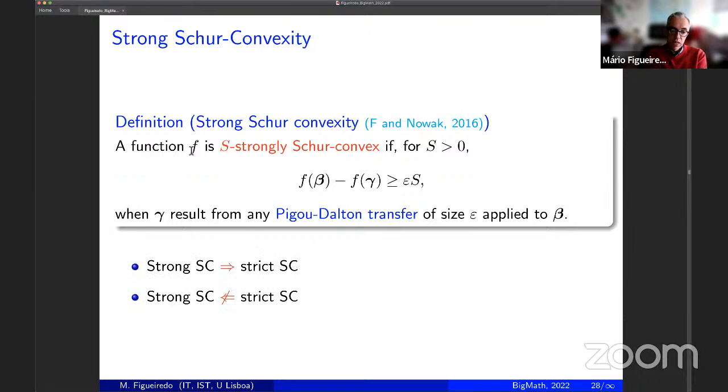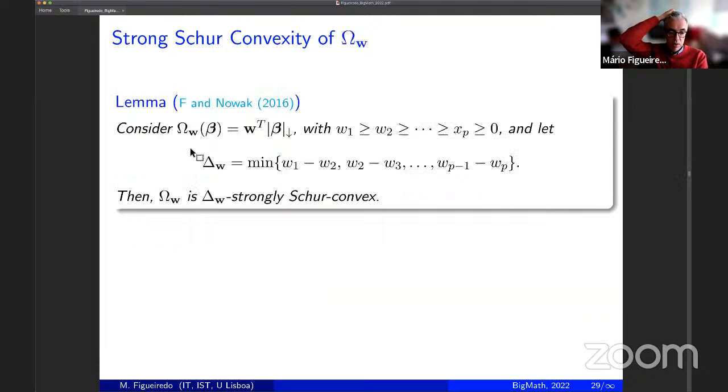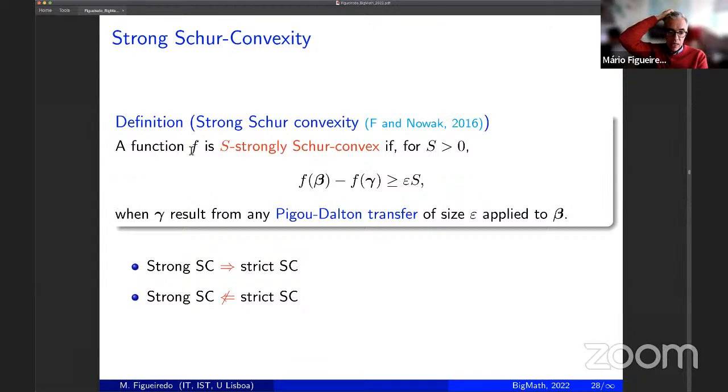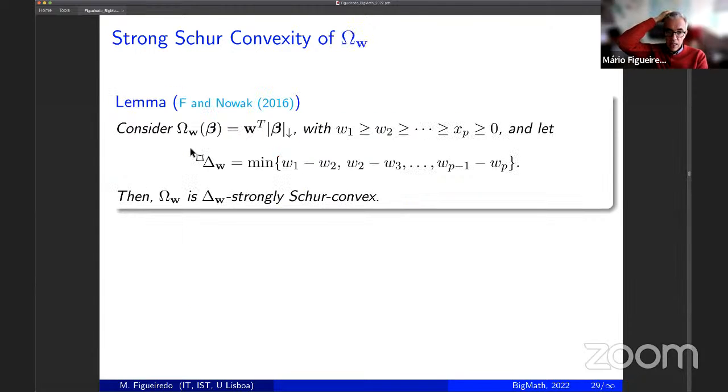As in standard convexity, strong Schur convexity implies strict convexity, but not the other way around. And the key observation, which underlies all the next results, is that this OWL norm, with the omega that I introduced, is strongly Schur convex, with a constant of strong convexity given by the minimum of the difference between two consecutive weights.